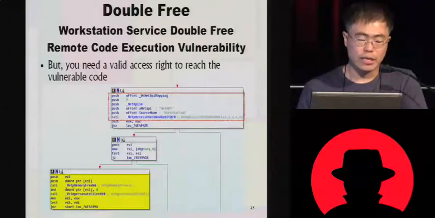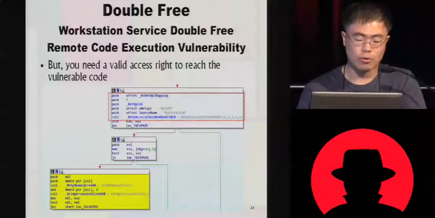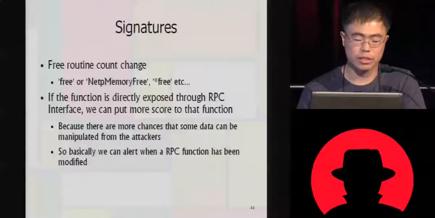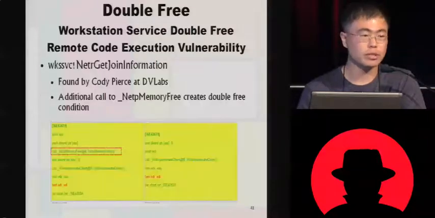But the good news is that it will check the access control list, so you must have some valid credentials to the system. So it's not an anonymous attack or something.